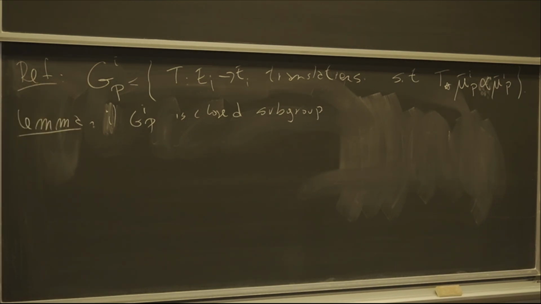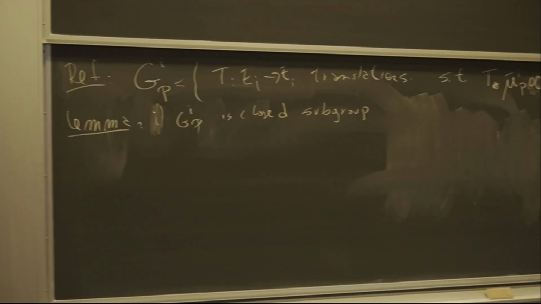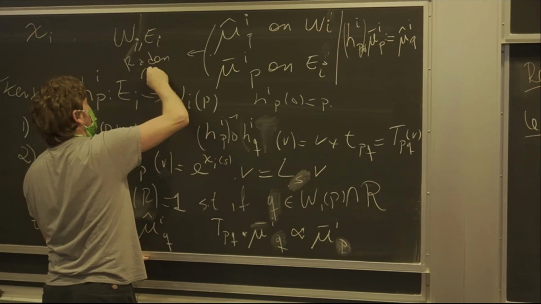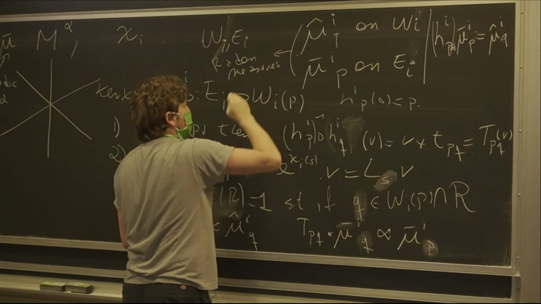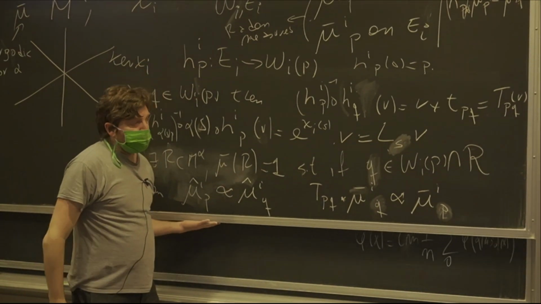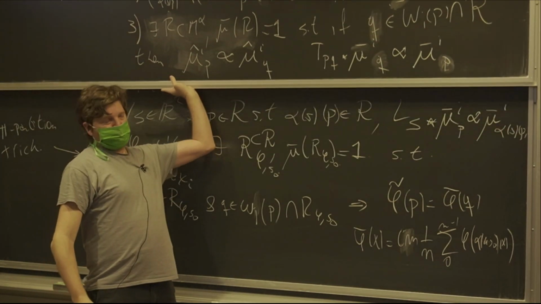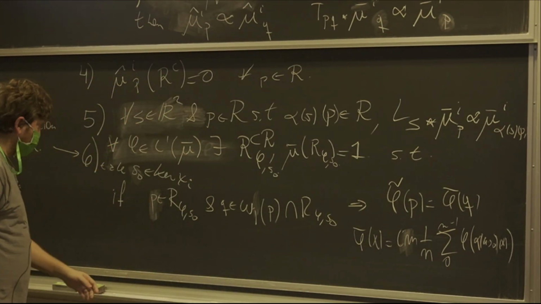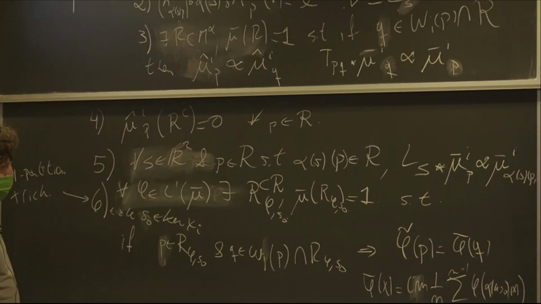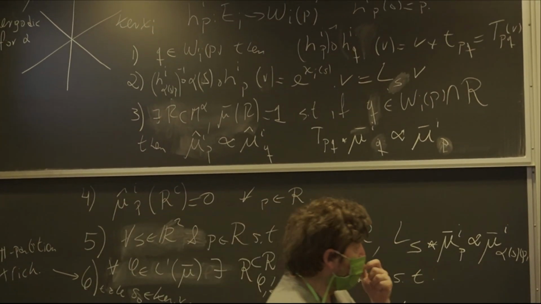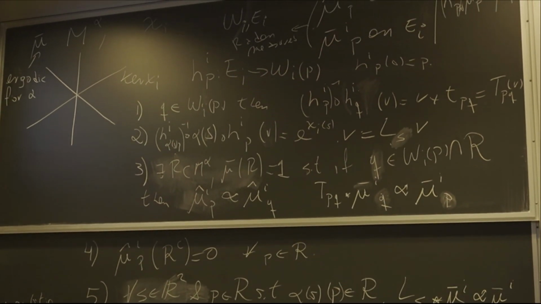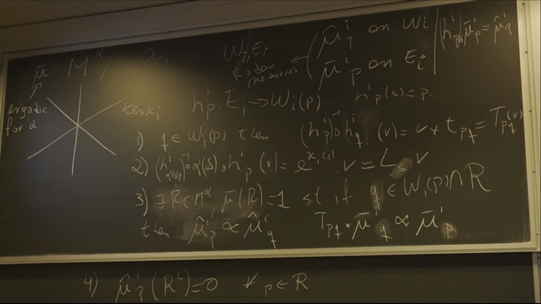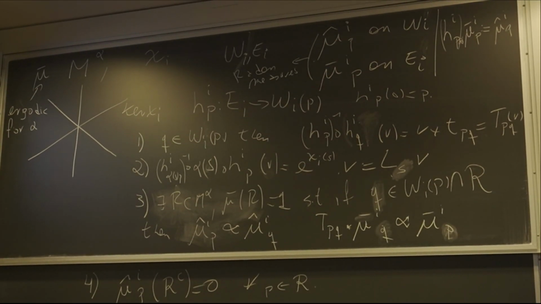I didn't say it, but these are all Radon measures, which means they are finite on compact sets. Okay, so let's prove just this lemma, that this GIP is a closed group.